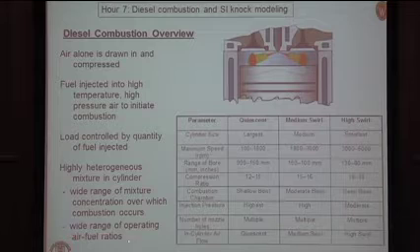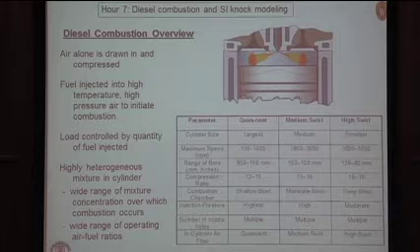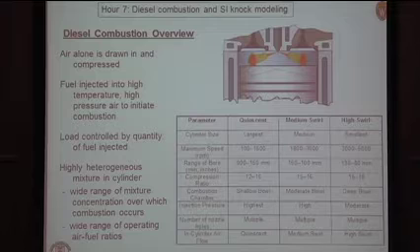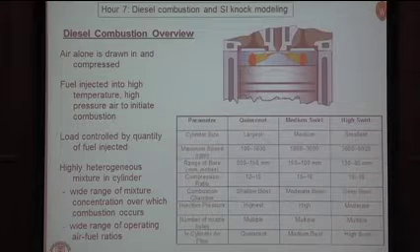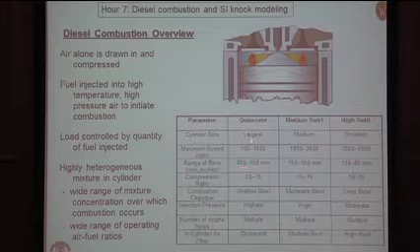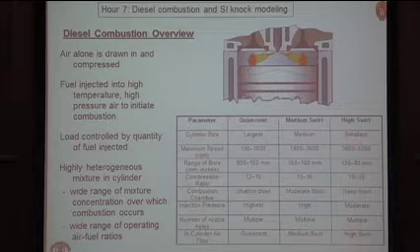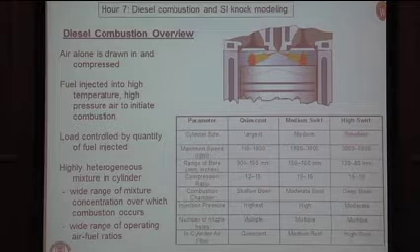So diesel engines operate over a wide range of air-fuel ratios, going from idle all the way to full load. And as we discussed briefly, there's a wide range of size of diesel engines, going all the way from marine engines, 900 millimeter type of bore, all the way down to 80 millimeters or less for the light-duty type engines.